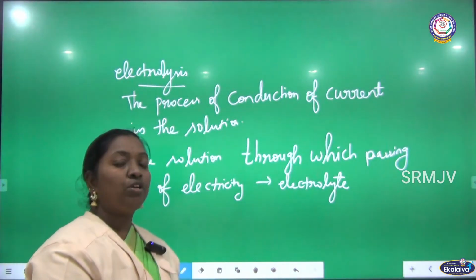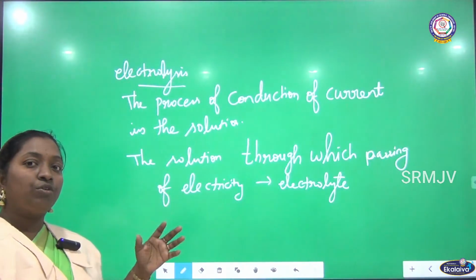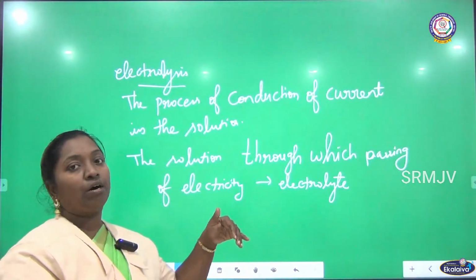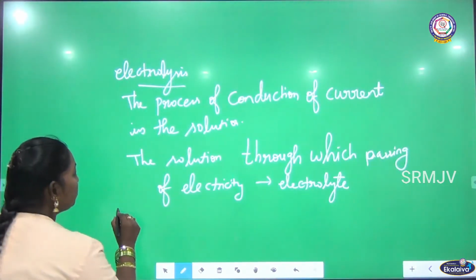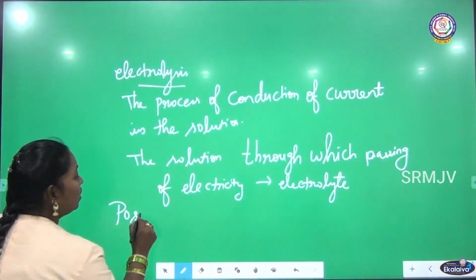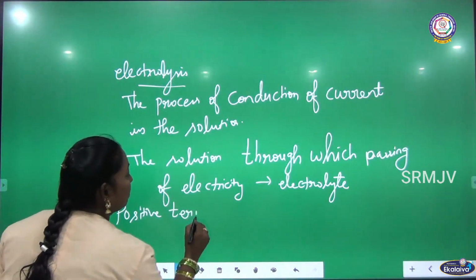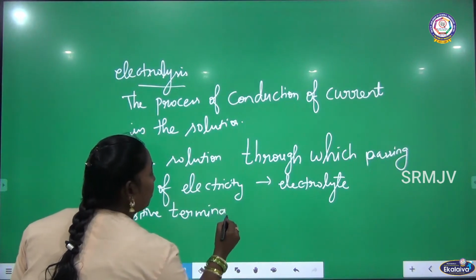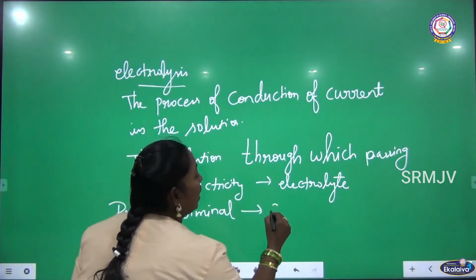So in this solution we have connected the terminals, one into the positive terminal and the other, the copper wire, into the negative terminal. In the solution, the positive terminal you can call the anode.